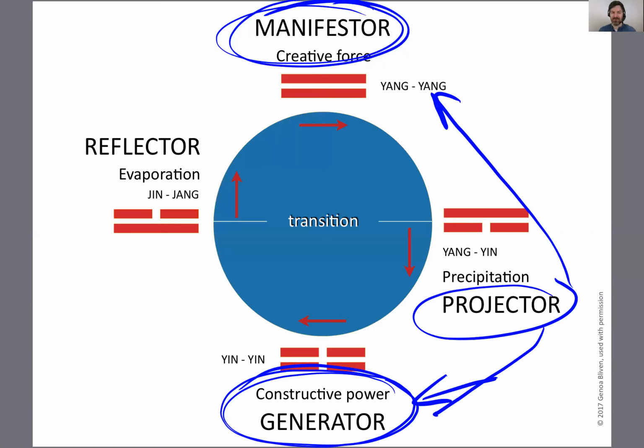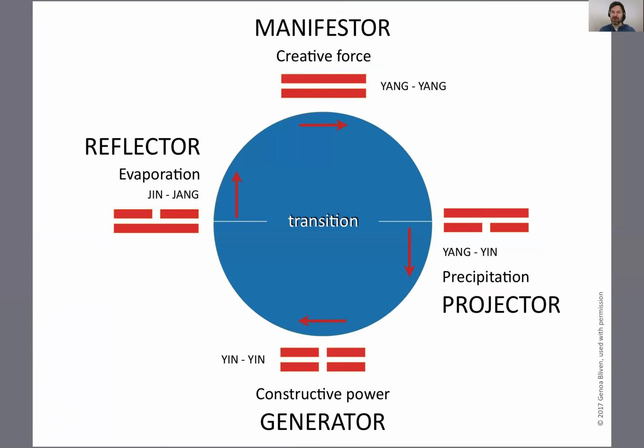So the manifestor inspires the evolutionary impulse. It brings the progress we need, but doesn't know how much and at what rate we can take it in. Yeah? The projector mitigates the impact of a manifestor so that it doesn't paralyze the life force, which can easily happen. And generators are just saying, life is good, let's have lunch together.